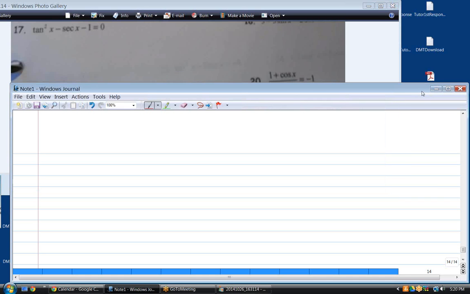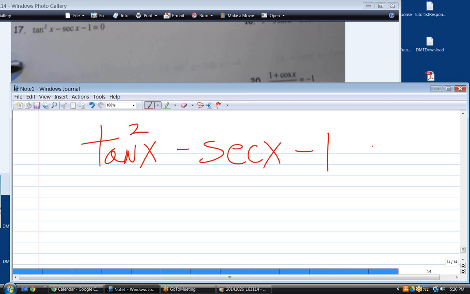Seventeen's a little trickier. Can you say if this is a quadratic in x or a quadratic in tan x or a quadratic in secant x? Um, you can't say any of them.